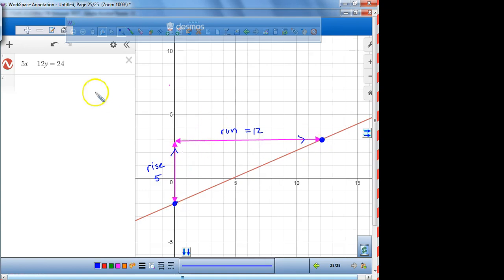So you could use Desmos, even if you're not sure. You could count up and count over. It helps you eliminate. By the way, if it's going up from left to right, what does that tell you about the slope? It has to be positive. So by just typing in Desmos, you know the slope is positive.